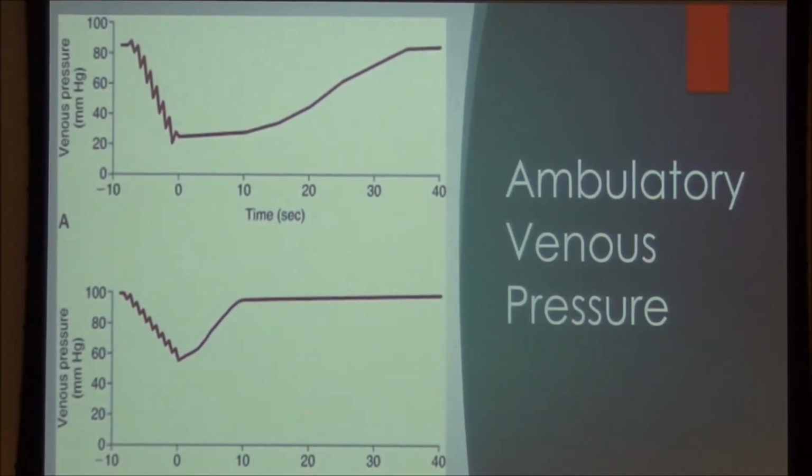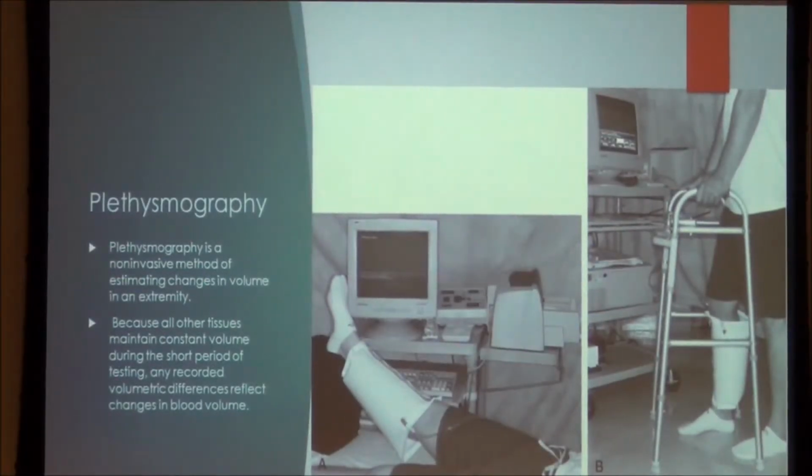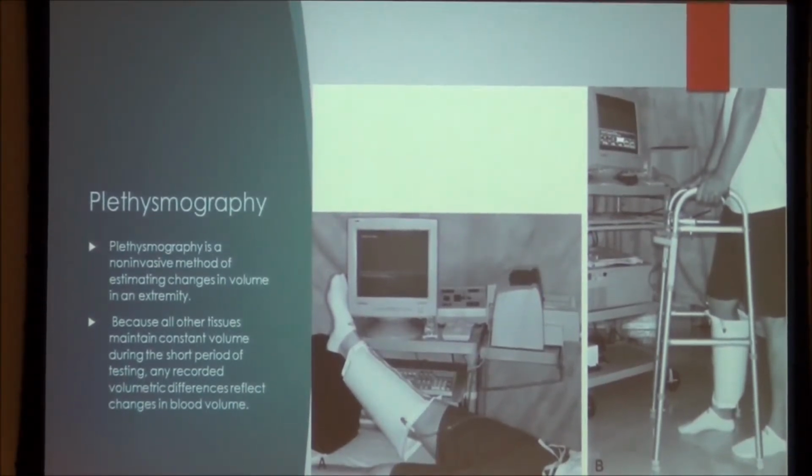This is a venous study that I'm going to skip. Plethysmogram is another way of measuring the perfusion. Clinically, I haven't seen this done in clinics or in practice, but it is based on the changes in volume of the extremity in that period of time.